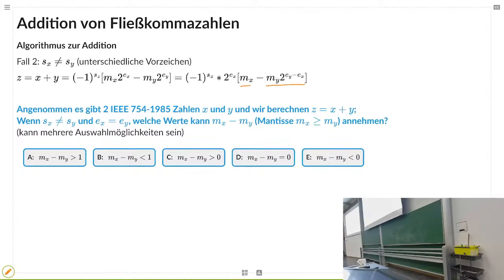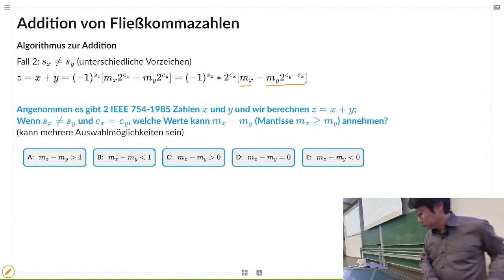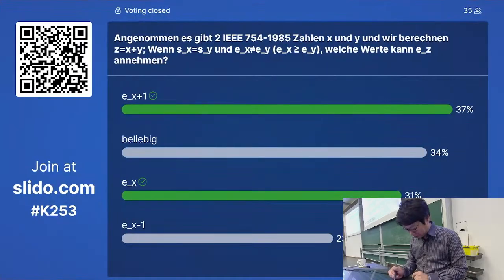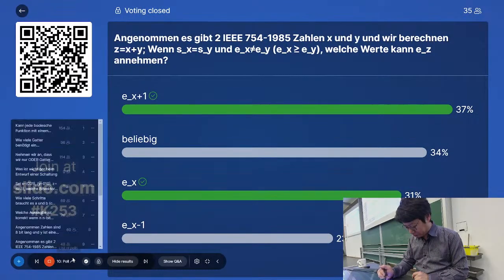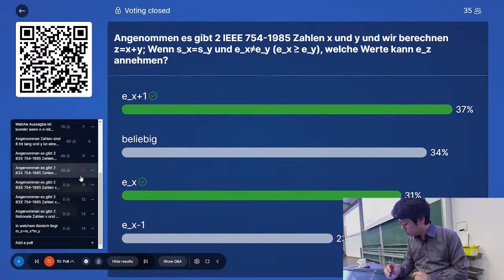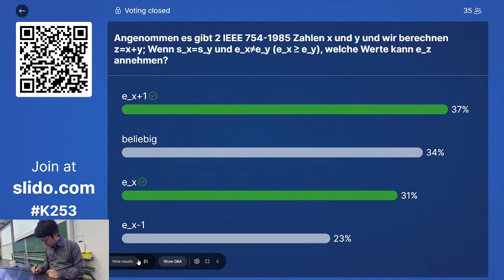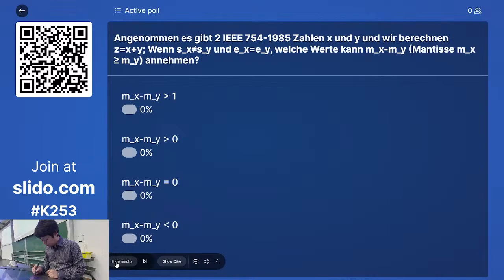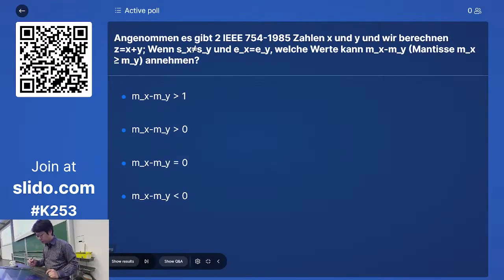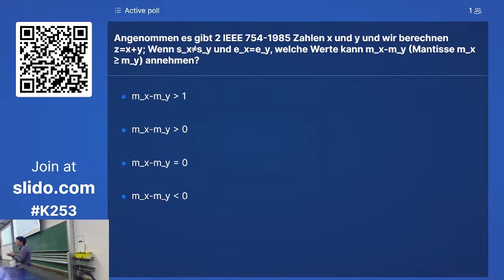Es kann mehrere Auswahlmöglichkeiten geben. Das sind zwei gleiche Exponenten.